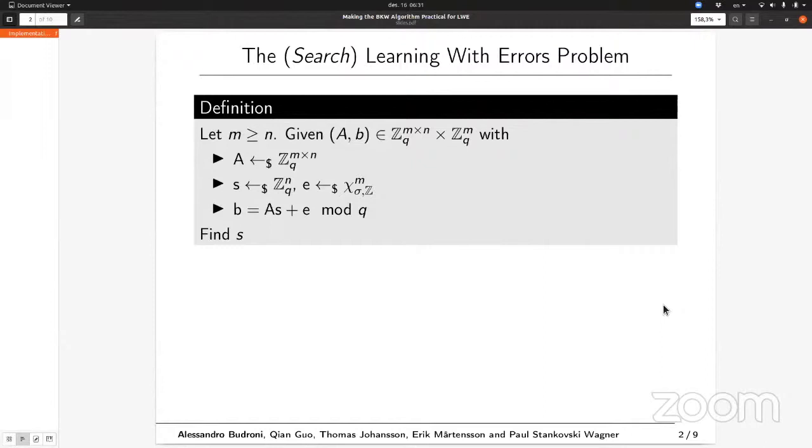So the search version of the LWE problem consists in finding S given the pair A and B.